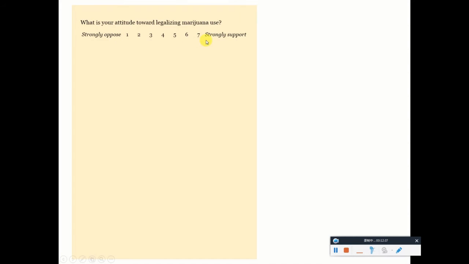And we treat it as sort of a continuous variable, and we are using an interval scale. And we think that this could be a valid measure because this is exactly asking what we intend to ask. So at least this question is face valid, right? It's a face valid measure of our intended concept, that is people's views on legalizing marijuana use. All right, so let's say this is the variable that we're interested in.